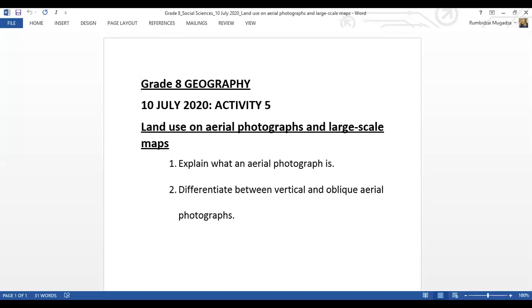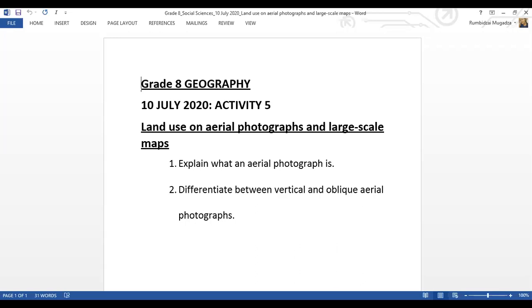Question 1, explain what an aerial photograph is. Number 2, differentiate between vertical and oblique aerial photographs. Question 2 is very important. You're supposed to know it.